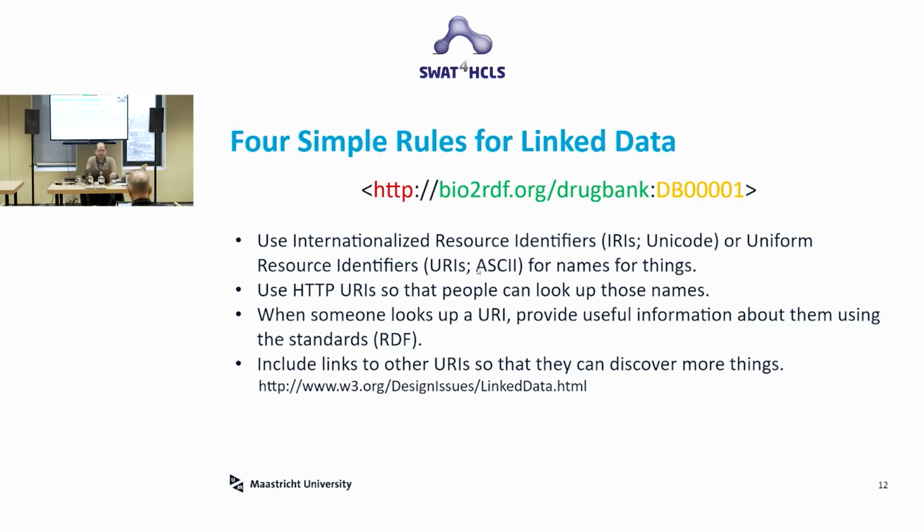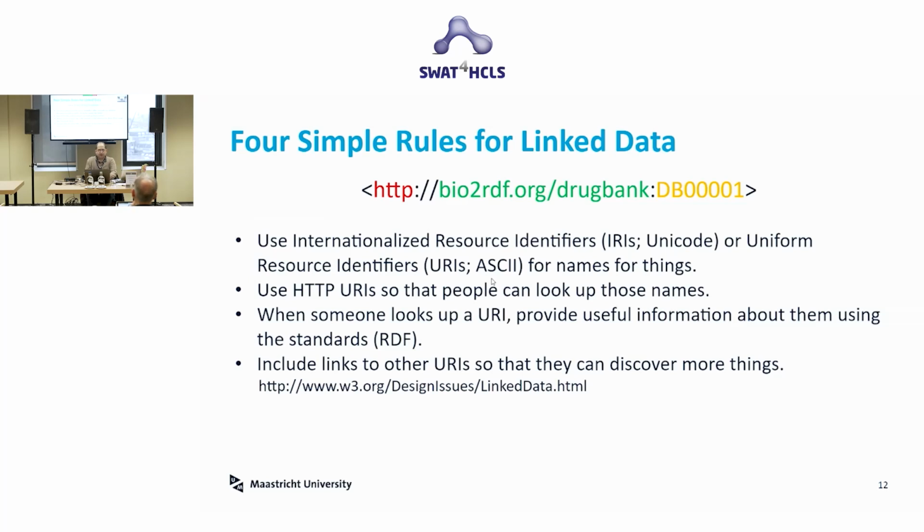We already talked about that. The second thing is to use HTTP URIs, that means URLs that people can access and look up, because the resource is more useful if you can go visit it and see what information it provides, right?